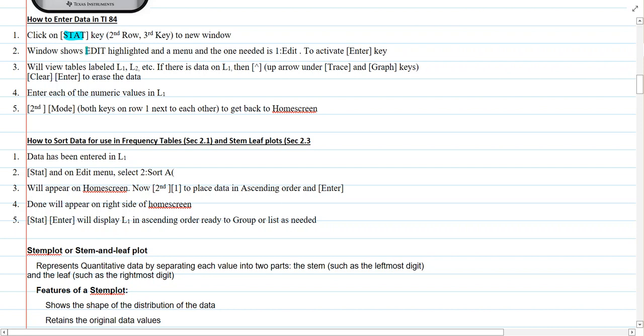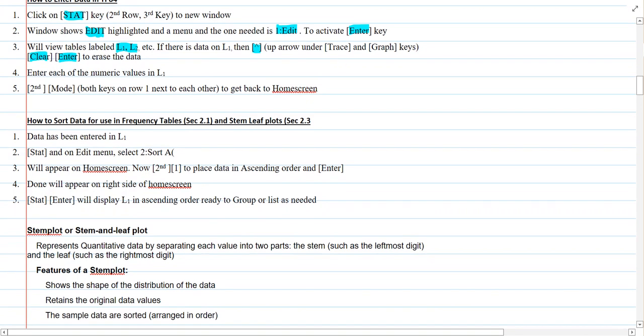Then we're going to see that edit is highlighted, and from that, we choose number 1 by enter. Then we're going to view lines 1 and 2, etc. We're going to use an up arrow if there's data in any of the lines so that we can do a clear enter to erase.